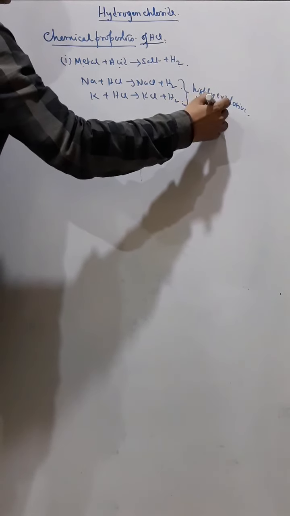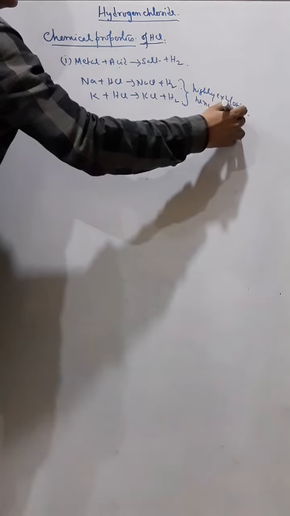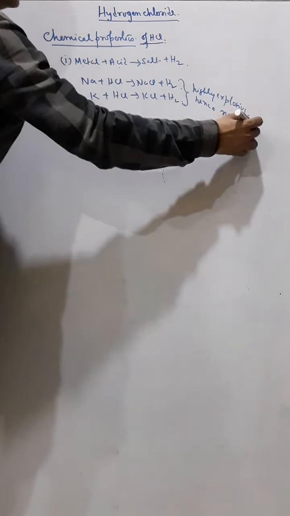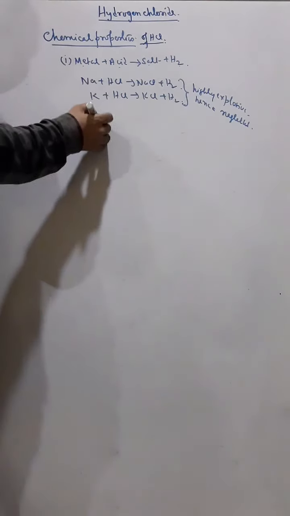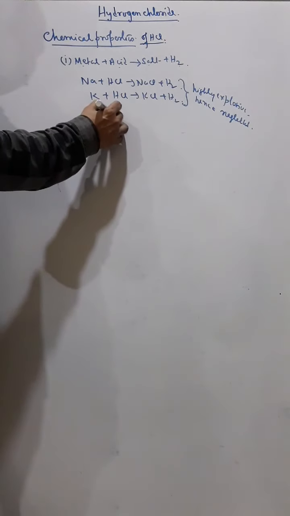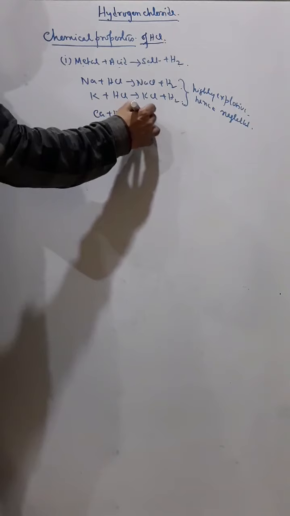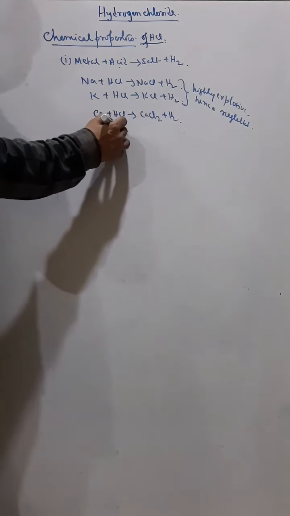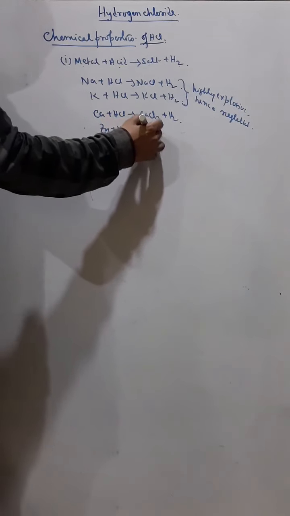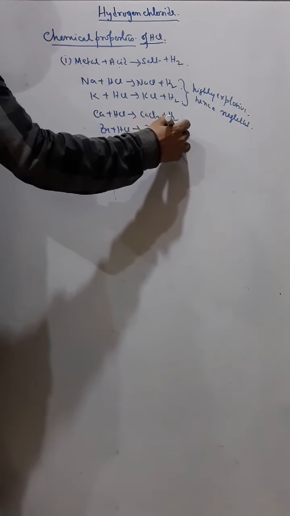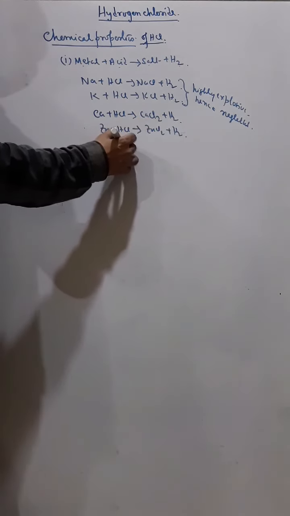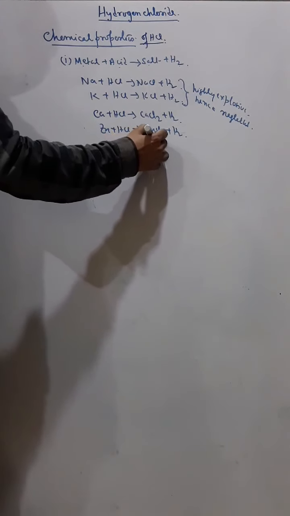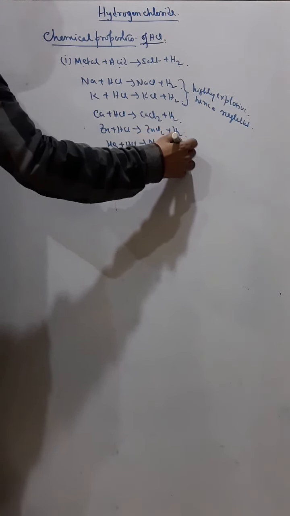We don't do this reaction, because it is dangerous. Although they react, it is dangerous. But other metals react normally. So calcium plus HCl will give you salt and hydrogen. Similarly, zinc plus HCl will give you zinc chloride and hydrogen. Similarly, magnesium plus HCl will give you MgCl2 plus hydrogen.